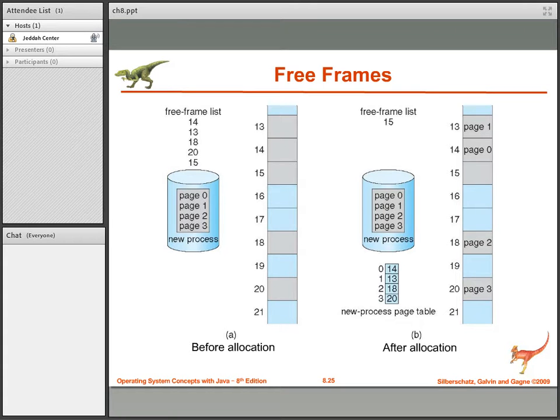Page 3 is allocated to frame 20. After allocation to the physical memory, we are left with one free frame, which is number 15. This could remain to be allocated for any future request for a new process.